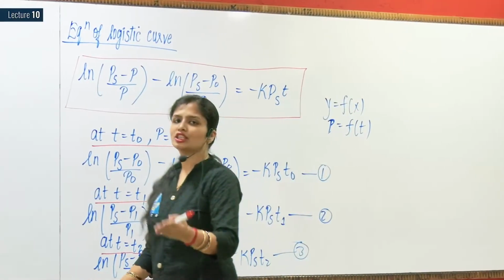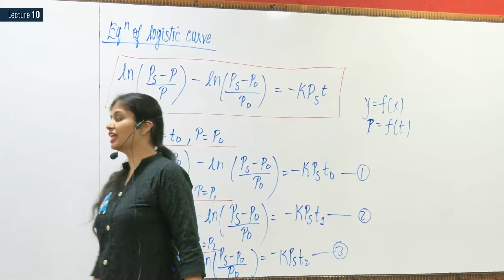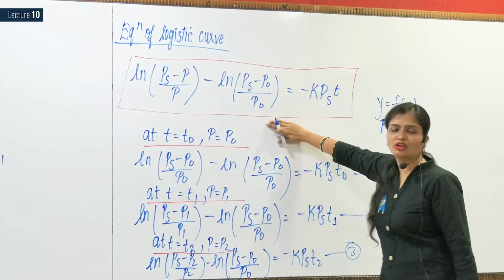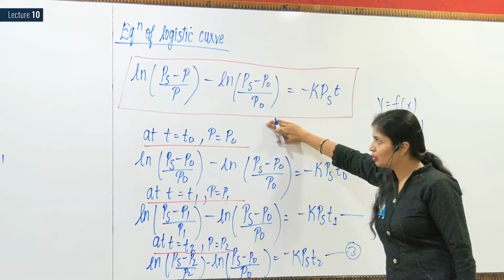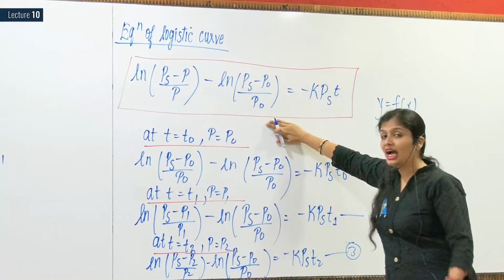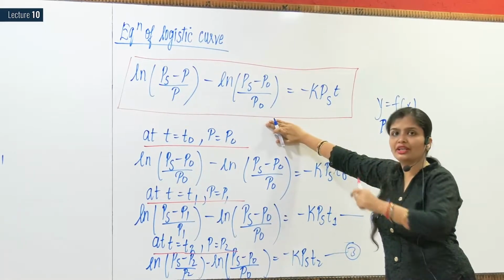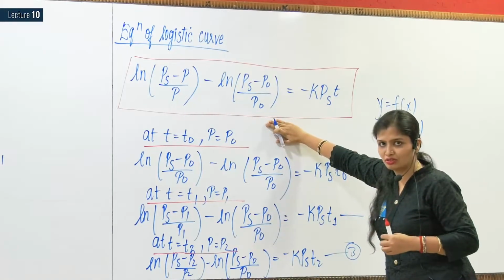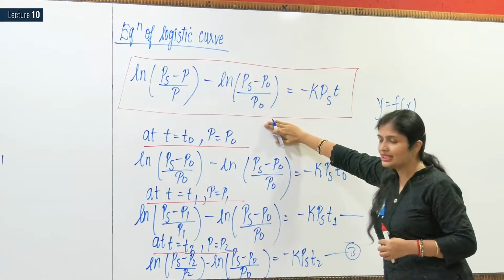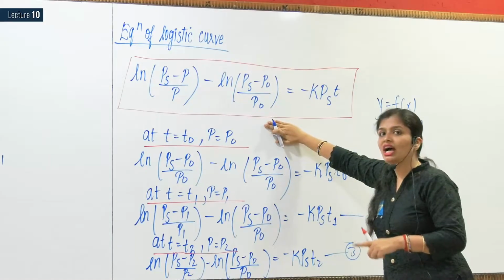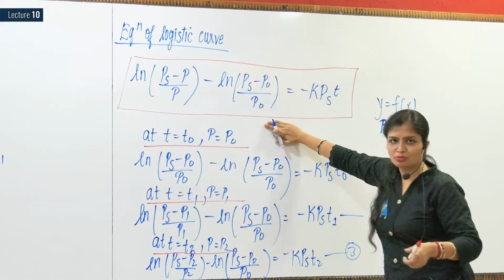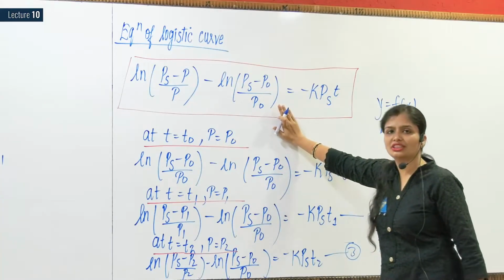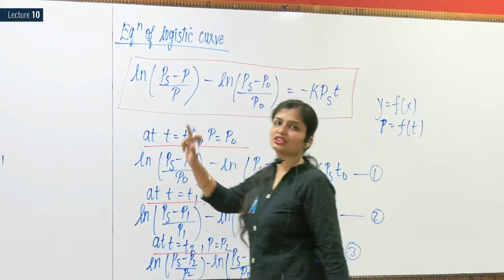As the time increases, population increases. Second, this is an equation of a logarithmic curve. And if you remember this S curve I told you, you call it the S curve, autocatalytic curve or logarithmic curve also. So this is the equation of the logarithmic curve, with the help of which we are able to forecast the population. That is why this method is known as the logistic method and the curve is known as the logistic curve.